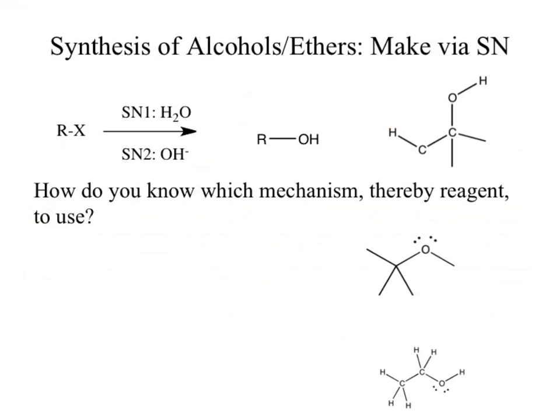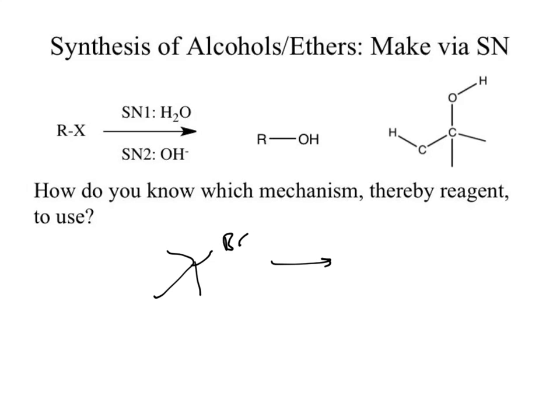Okay? As far as deciding, even as we went back and took a look at this one, I said, okay, what happens when we switch in OH minus? You'll notice that one of the first things I did was erase the product. Okay, why would I erase the product?